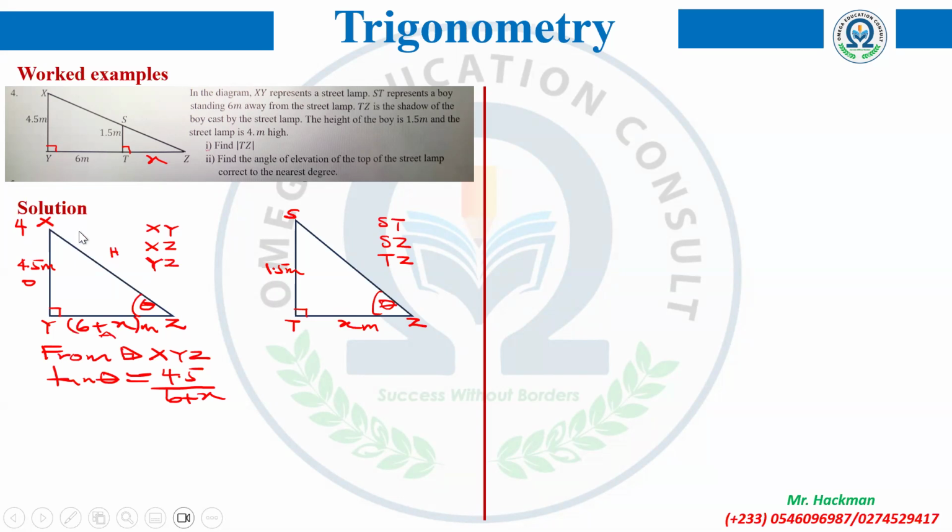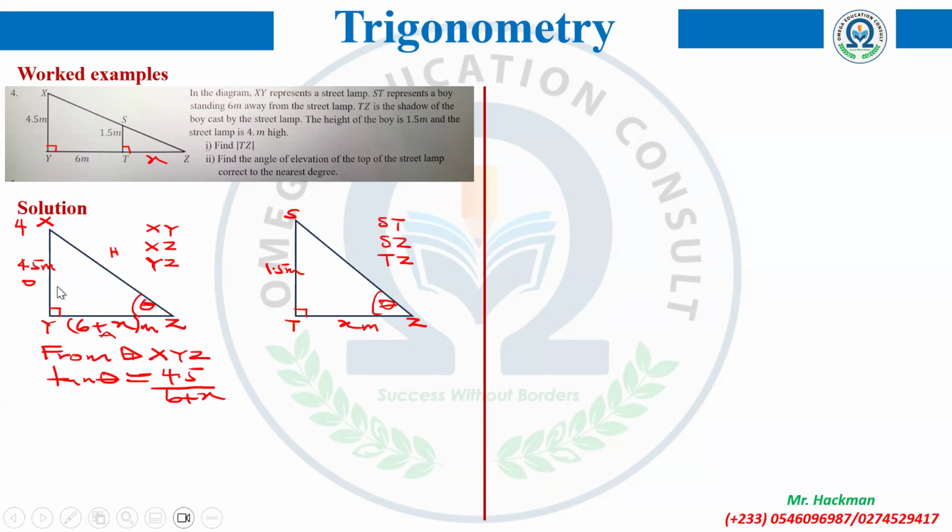With this side, I don't know any information at all. So I'm going to use tan, because tan involves the opposite and the adjacent. I don't have to take any trig ratio that involves the hypotenuse, because I'm deficient in terms of information. So cosine and sine, which involve the hypotenuse, should be out. Ultimately, tangent is the one that must be in play.